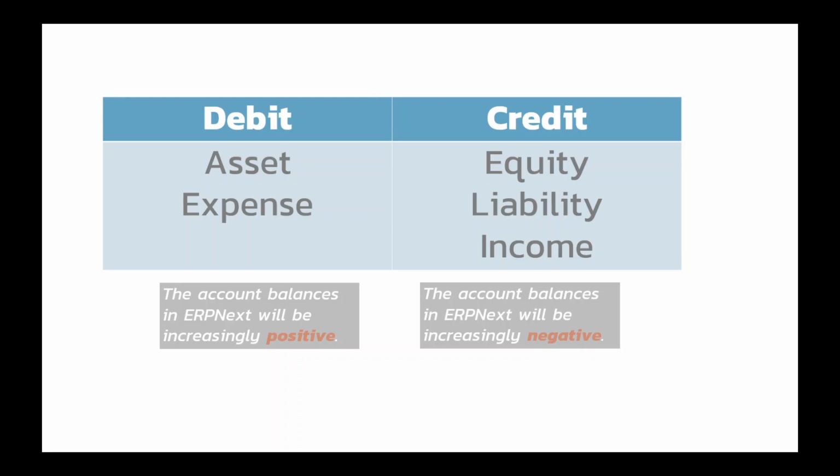I guess the most confusing thing about double entry accounting is that if you earn money, if you have income, it's actually a negative number. For example, if your business sells something for 20,000 baht this month, you record it as negative 20,000. That's kind of weird, right? Why is income negative? That's what I was so confused about at the beginning.